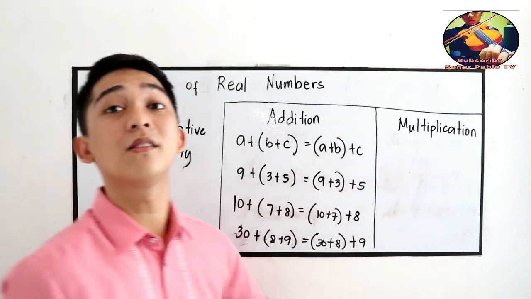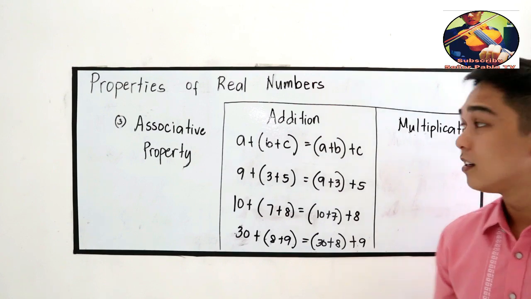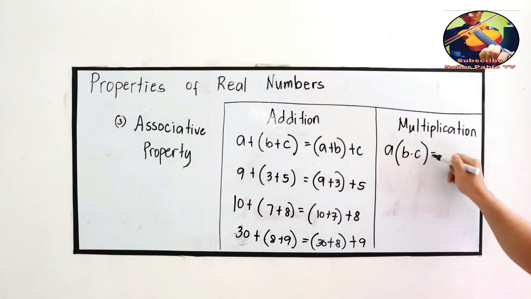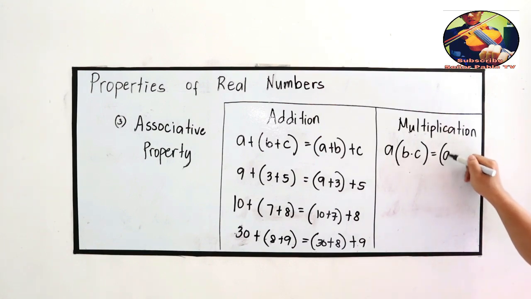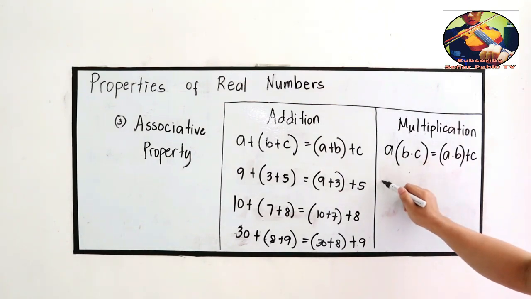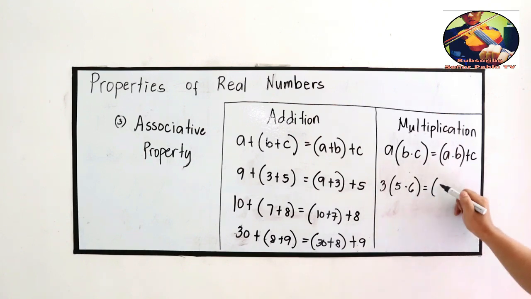What about multiplication? The same case, we only change the grouping. If we have A times the quantity B times C, it is equal when the grouping is A times B, times C. Let's try. 3 times 5 times 6 is equal when the grouping is 3 times 5, times 6.